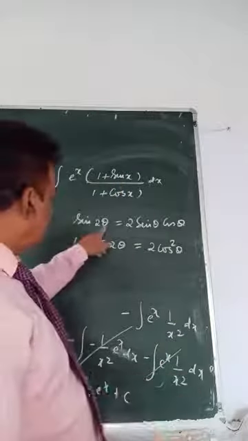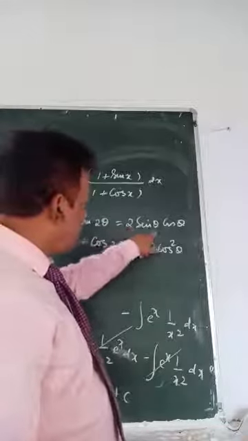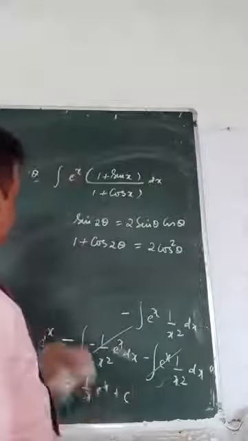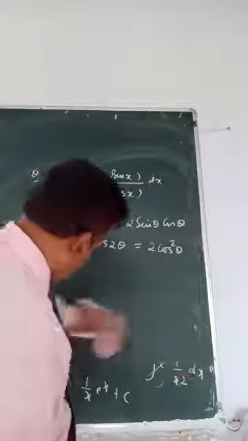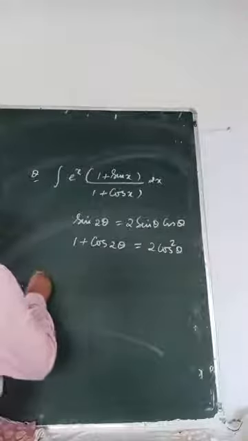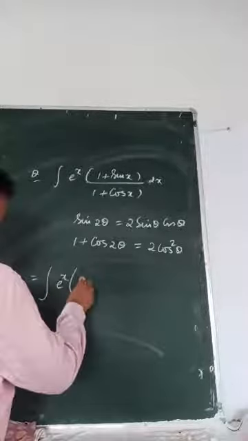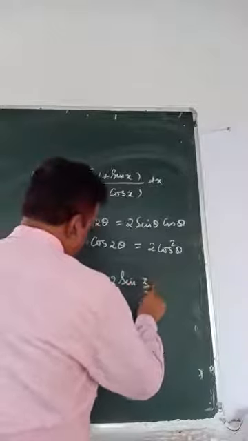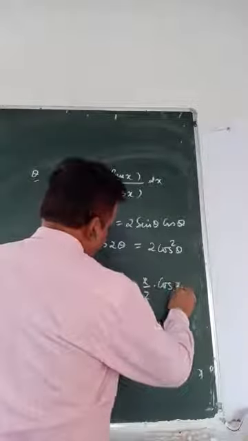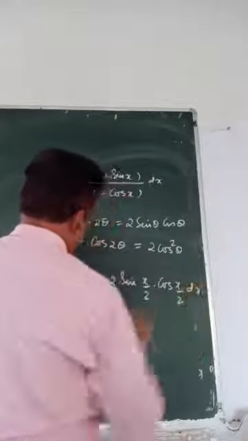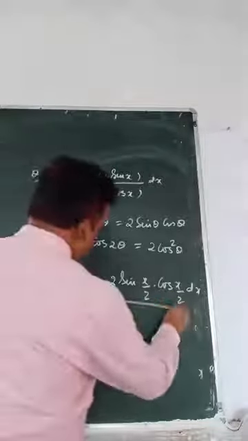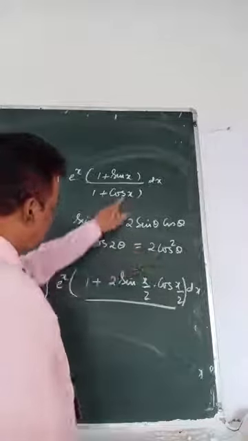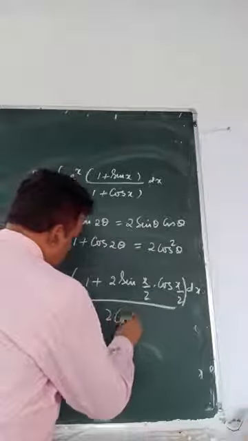So what do you find? 2 sin half angle cos half angle. So this is e to the power x (1 plus 2 sin half angle cos half angle) divided by (1 plus cos theta) which is 2 cos square half angle.